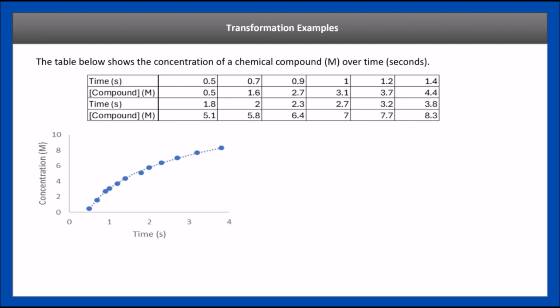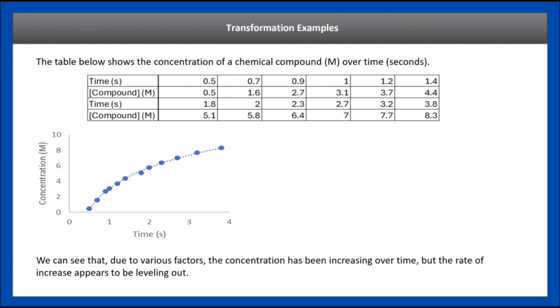However, it is curved, and due to various factors it has been increasing, but like we said earlier, the rate of increase is decreasing. So we're going to try to straighten this curve out.